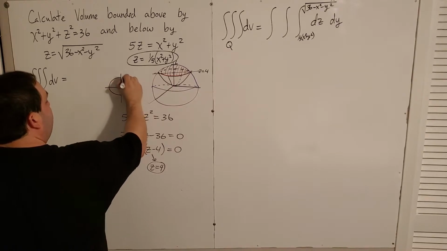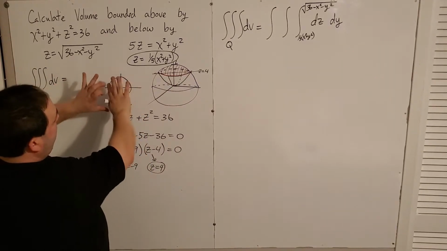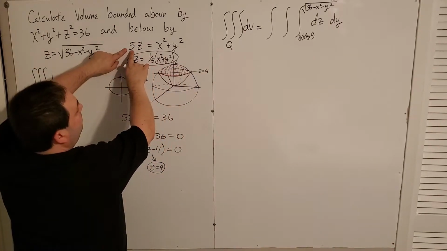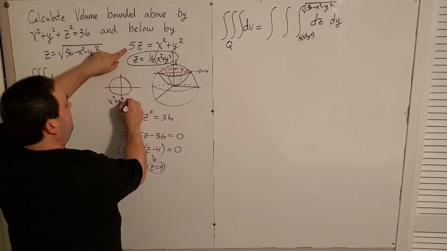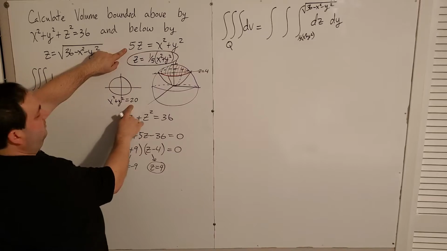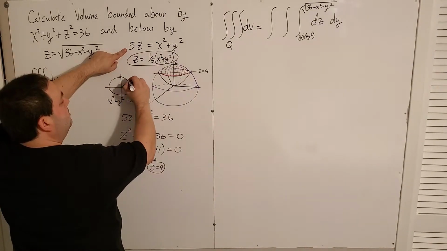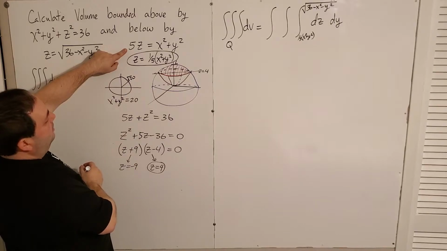It's going to look like this from over the top, like you're looking down the barrel of the paraboloid, and the sphere is on the top right here. When z equals 4, what I have is x squared plus y squared is equal to 20. So this is a circle with radius square root of 20.